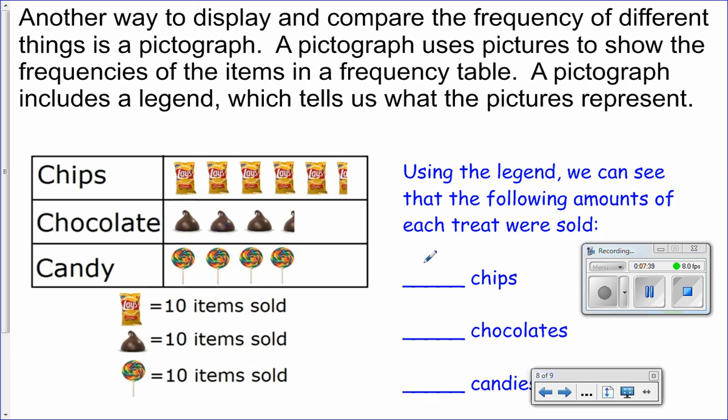So 50 plus 5 is, of course, 55 bags of chips. Okay, for chocolates, we've got 10, 20, 30 plus 5, so that would give us 35 chocolates. And then finally for candies, we have 10, 20, 30, 40. Simple as that, folks.